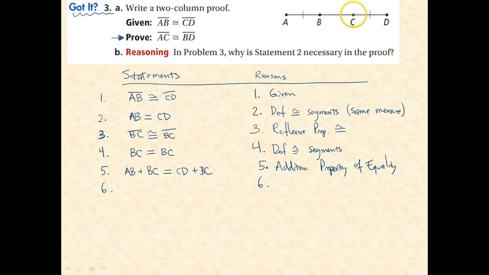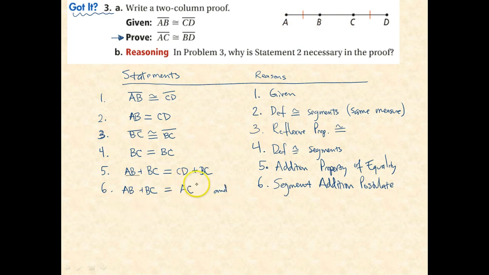They're collinear and they share the endpoint B, so I can use what I like to call the segment addition postulate to say that AB plus BC, so the length of segment AB plus the length of segment BC equals the length of segment AC.